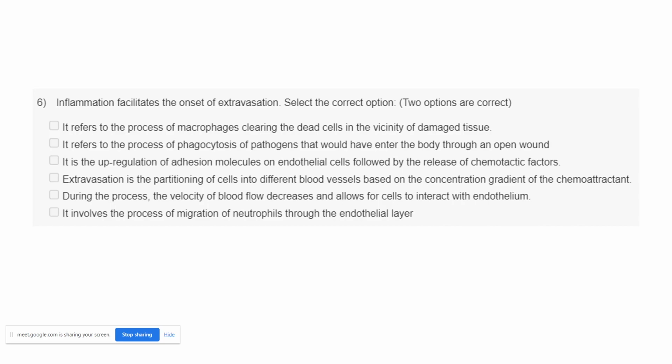It is the upregulation of adhesion molecules on endothelial cells followed by the release of chemotactic factors. Extravasation is the partitioning of cells into different blood vessels based on the concentration gradient of the chemoattractant. During the process, the velocity of the blood flow decreases and allows for cells to interact with endothelium. It involves the process of migration of neutrophils through the endothelial layer.